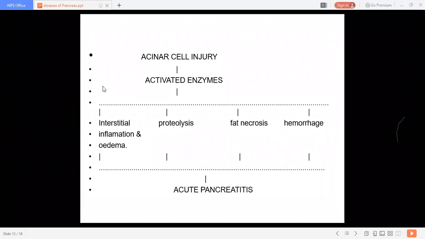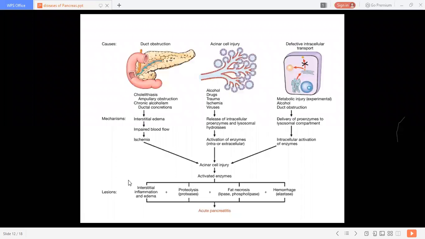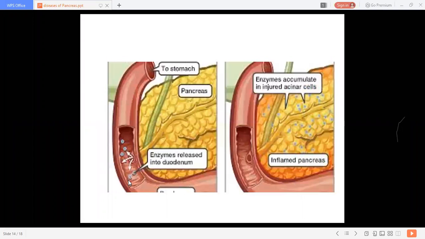So here, acinar cell injuries, then activated enzymes. In the same slide, there is interstitial inflammation, edema, proteolysis, fat necrosis, and hemorrhage. Together we call it acute pancreatitis. Now here you can see the enzymes released into the duodenum.